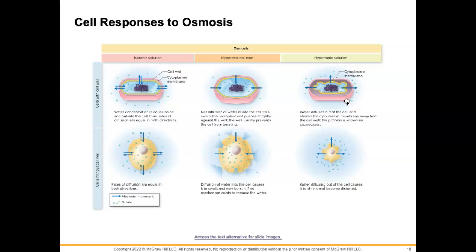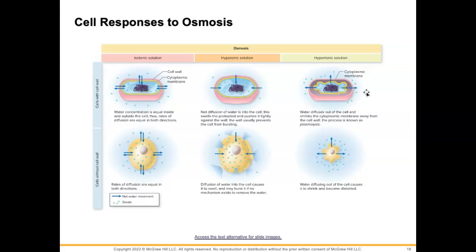Hypertonic solution, water diffuses out of the cell. Hypertonic means we put the cell in a very concentrated solution, like a super salty solution. It's going to be more concentrated outside of the cell than inside of the cell. Solids are thirsty, so they're going to suck all the water out, essentially.